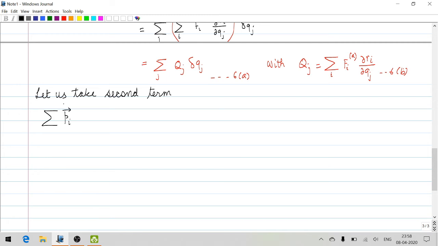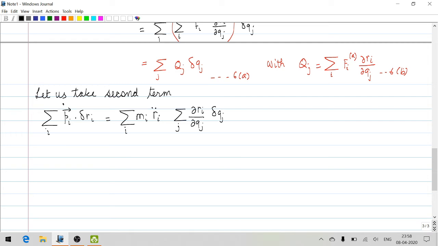So Pi bar dot delta Ri. Momentum is mass into velocity, so I will write this as Mi Ri dot. And since there is a force quantity, it will have a double Ri dot. And delta Ri, again I write as summation over j, dou Ri upon dou Qj delta Qj.